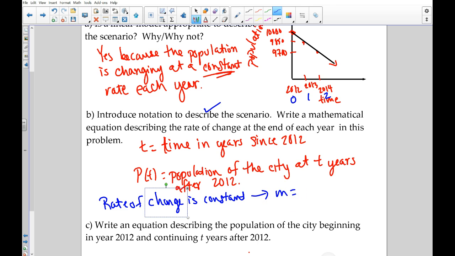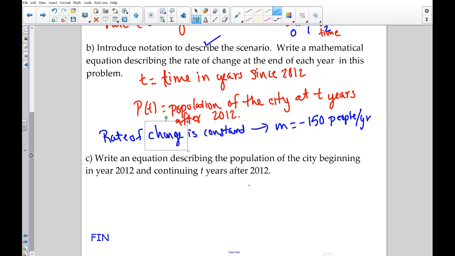Okay, and we were kind of doing it here, so m is always rise over run, so how far you rise or fall vertically over the horizontal distance traveled. So if I increase 1 year, we said, well, we decreased by 150 people. So I'm just going to say minus 150, and I'm going to add units on this, people per year. Okay, units are generally a very good idea to include whenever you can.